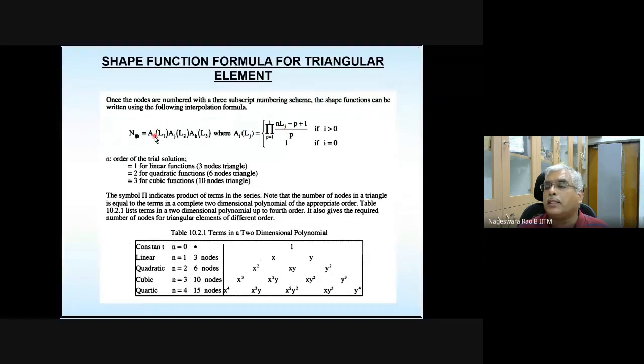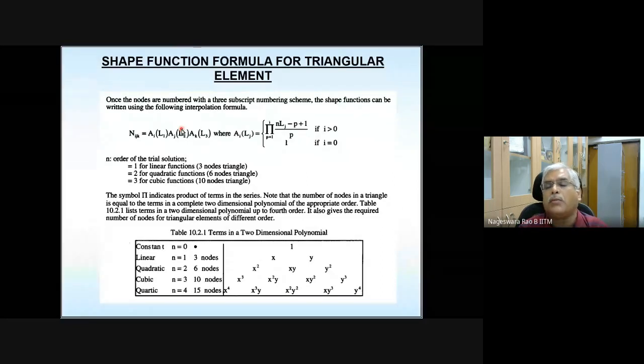Substitute that here. So N100 is going to be L1. What is N100? It is nothing but N1. N1 is equal to L1. That is what you get. I hope whatever explanation that I gave you is clear.